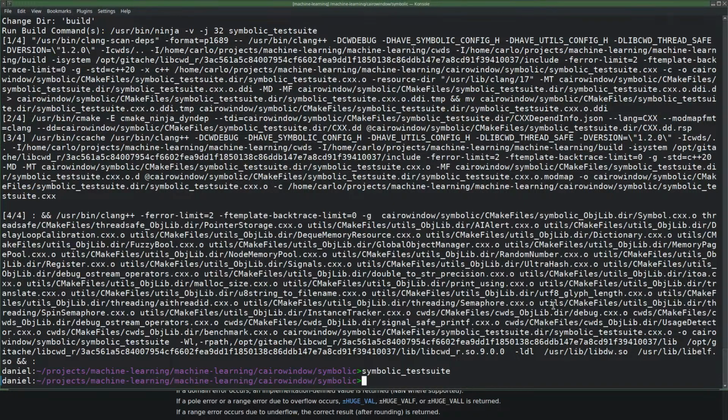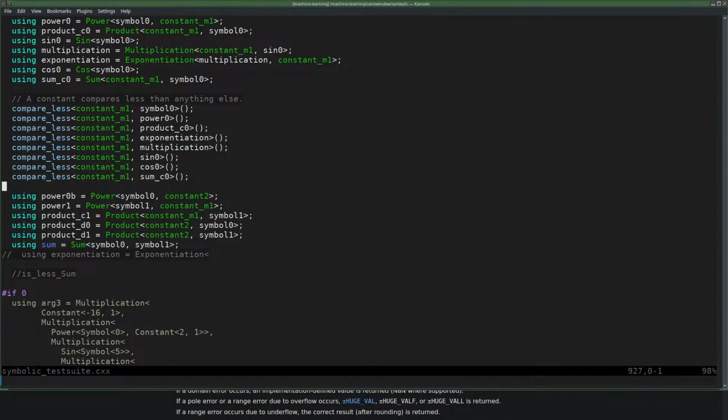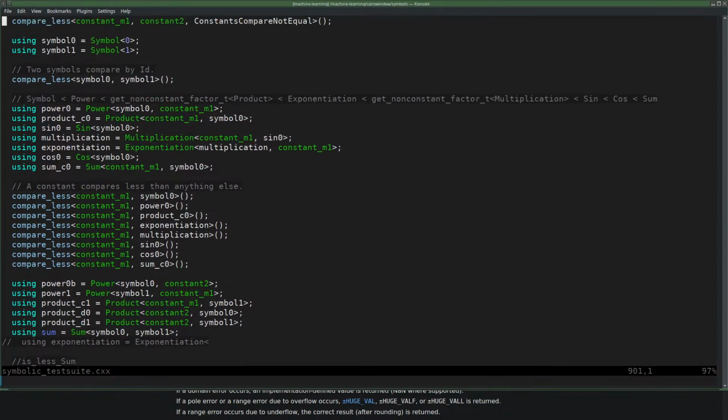And now it works. Cool. Yeah, so note that this test also tests when I have them swapped.